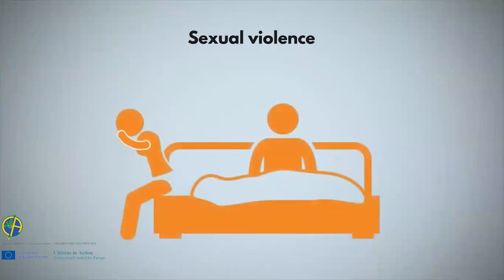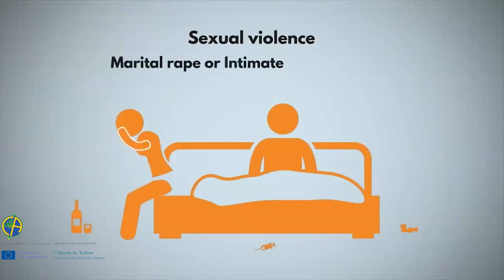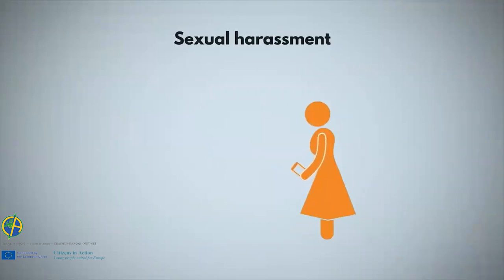Any sexual act with someone who is unable to understand what they're doing or is unable to consent because of their age, an illness, disability, or the influence of alcohol or other drugs is sexual violence. Forcing a lover or spouse to engage in sexual acts is a form of sexual violence, either called marital rape or intimate partner rape.